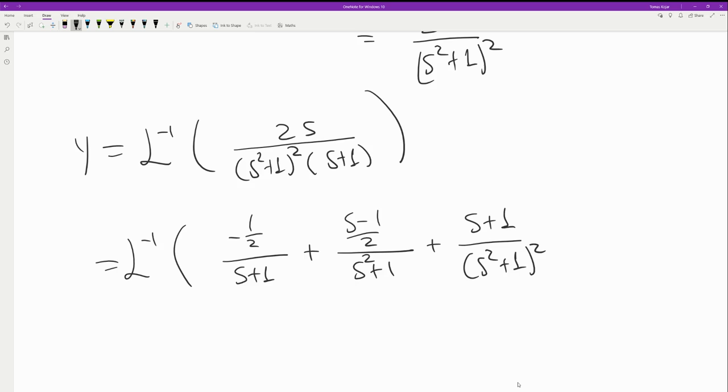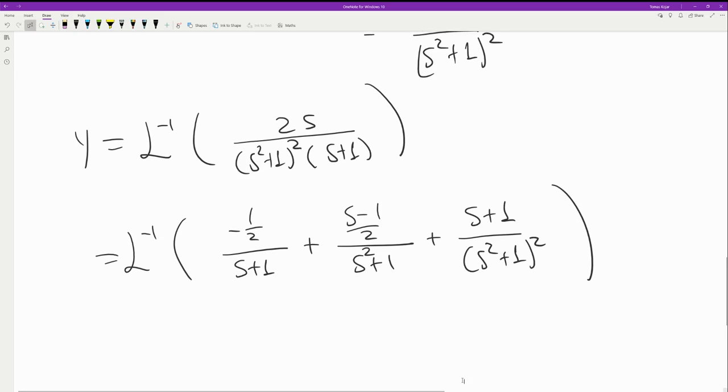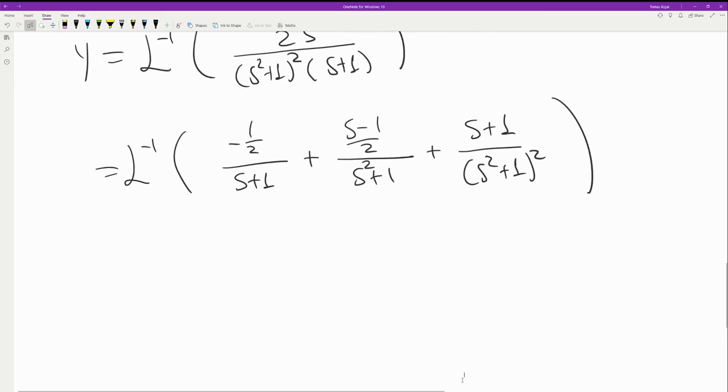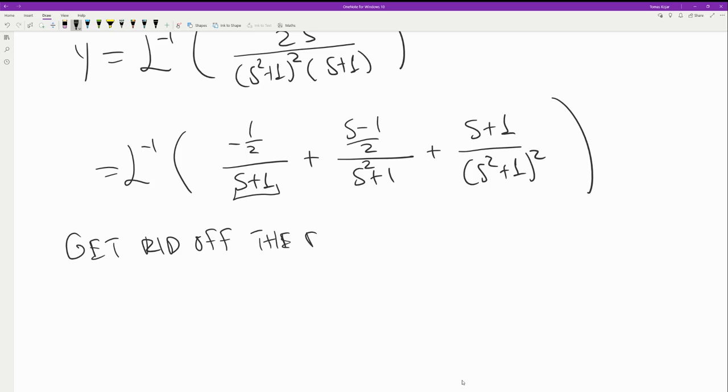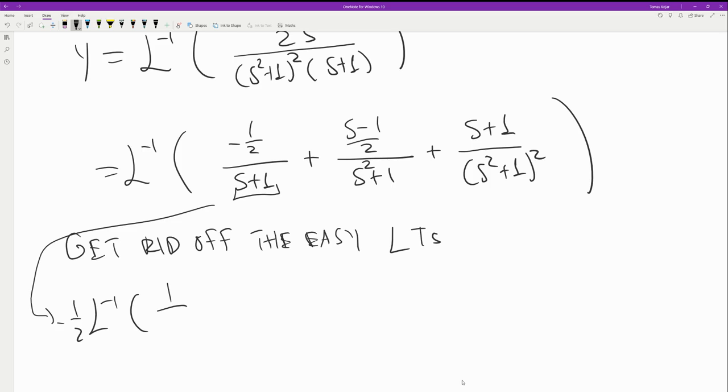Okay. All right. So your strategy should be to get rid of the easy ones, the easy inverse Laplace transforms. So this one you already know from the table. This guy would be minus a half of 1 over (s plus 1), which is just e to the minus t. So that's out.